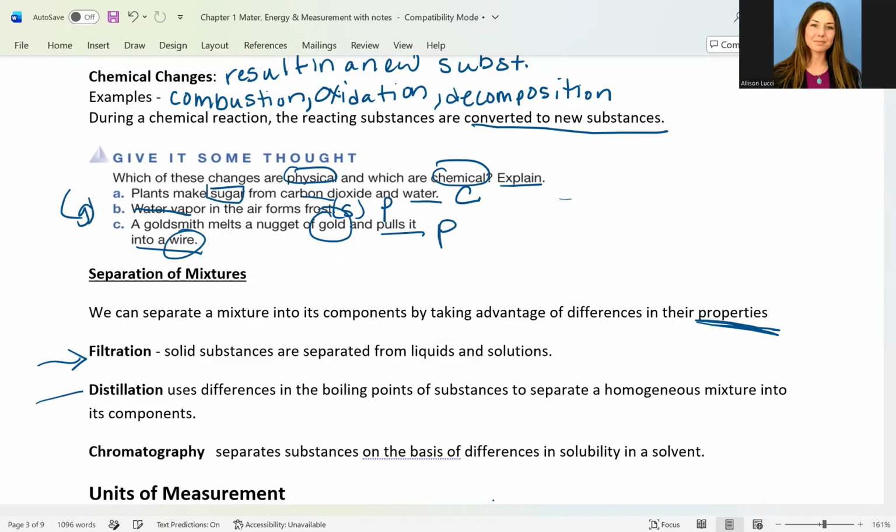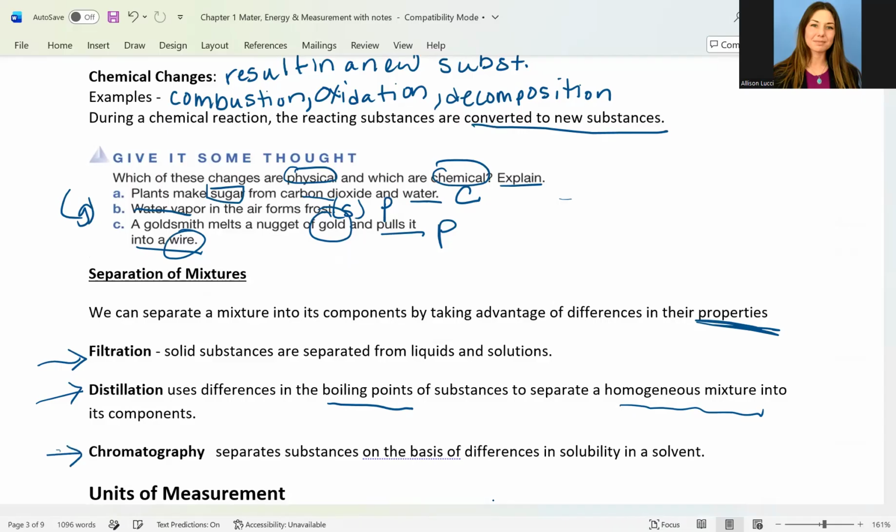We could also distill. So say we have two liquids and they differ in the physical property of boiling point. We could separate them, this homogeneous mixture. So we can't tell the difference between, say, methanol and ethanol in something like moonshine. So it's distilled to separate them based on their boiling point.